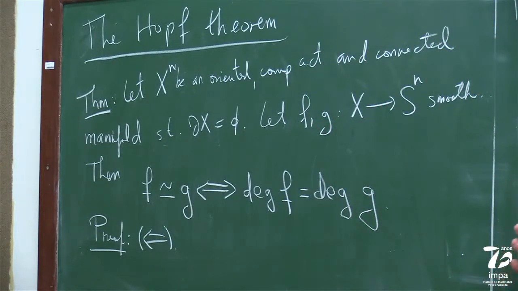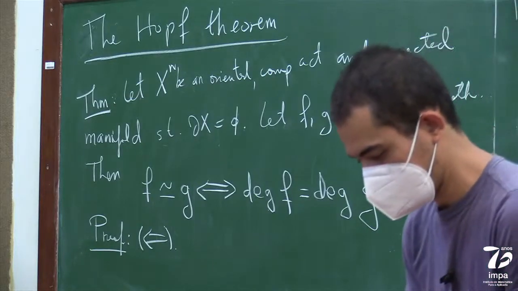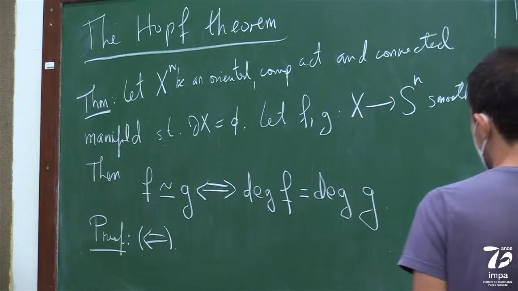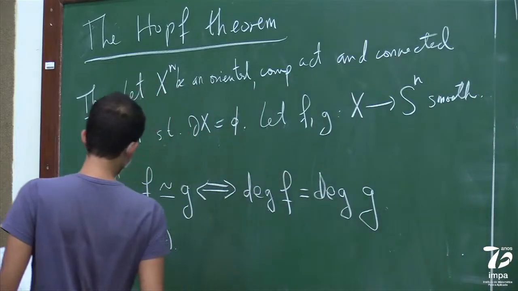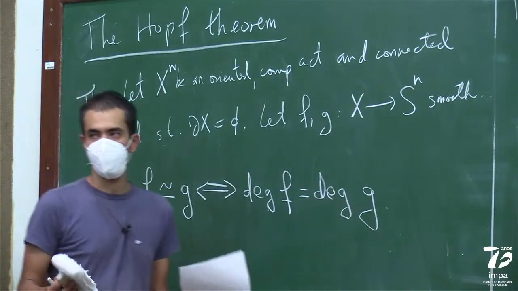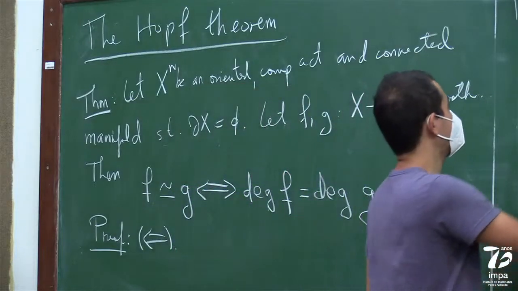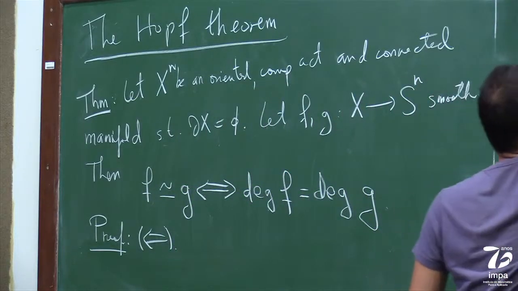But anyway, the proof, if you've read Guillemin and Pollack, it's going to be a little bit different. But it has the same smell basically. So to compute the degree, we have to choose a regular value. So I'm going to start the proof by choosing a regular value.